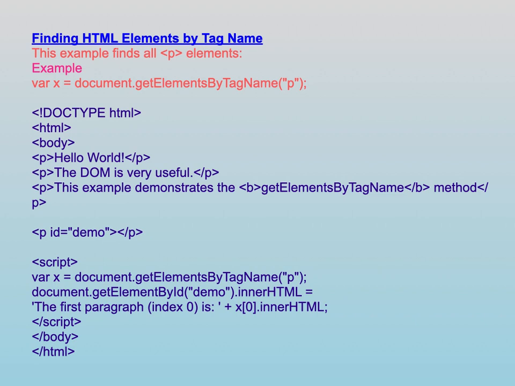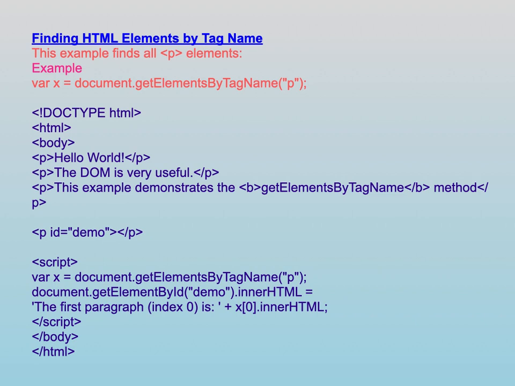Here, var x = document.getElementsByTagName("p") will identify all the paragraph elements, not 5, but 1, 2, 3, 4, specified in our HTML code or web page. So there are 4 different p elements that will be assigned to x as 4 different elements.